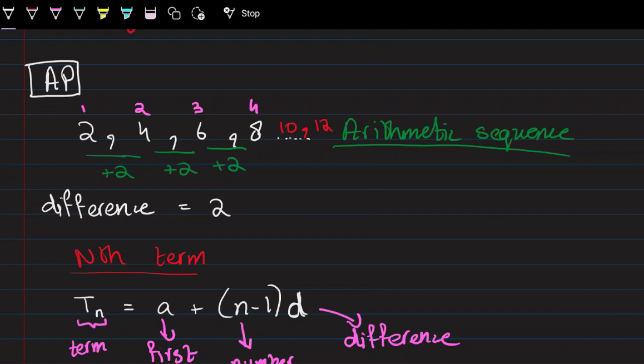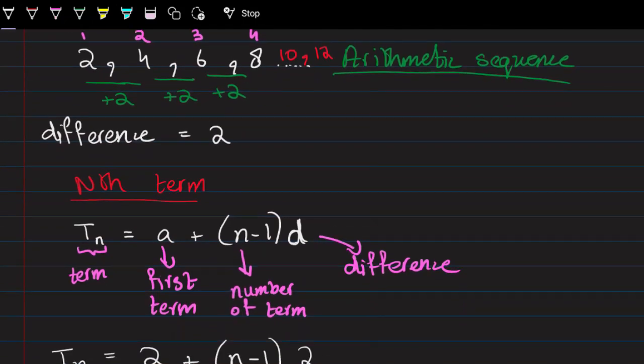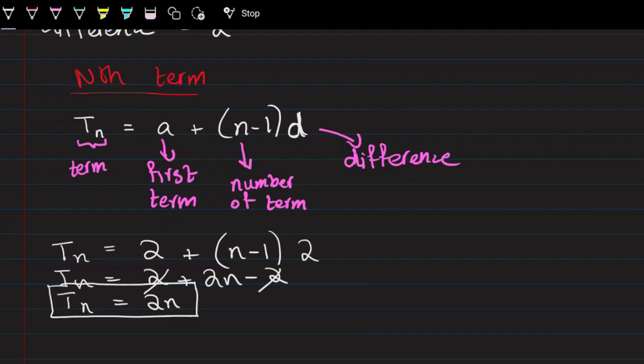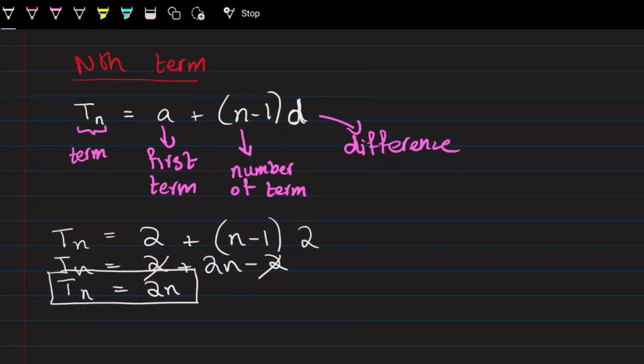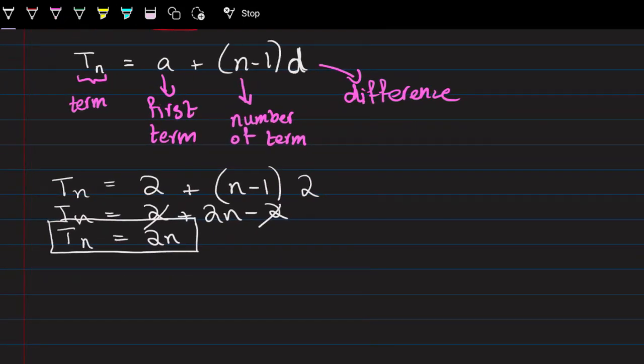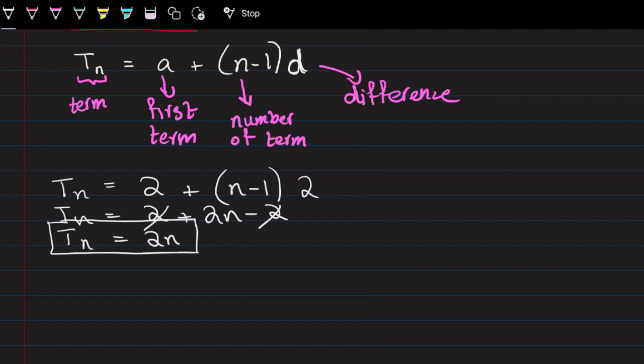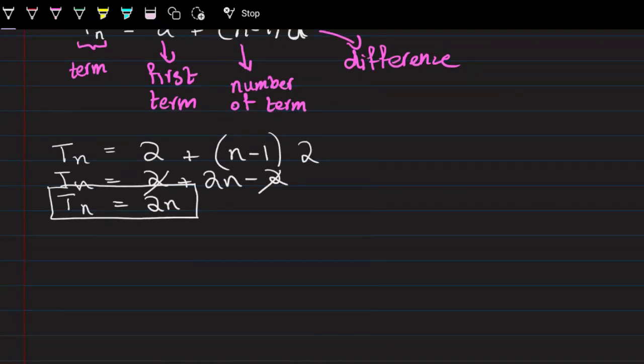You're not going to keep on adding 2 to every term. In fact, what you're going to do is find the nth term for this sequence. That's going to be really helpful when you want to find a large term. So if you want to find the 50th term, the only thing you have to do is substitute n with 50.